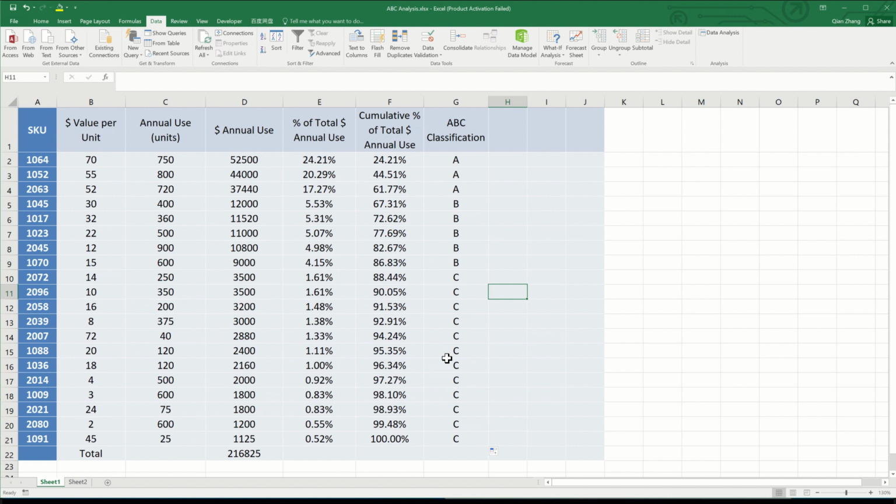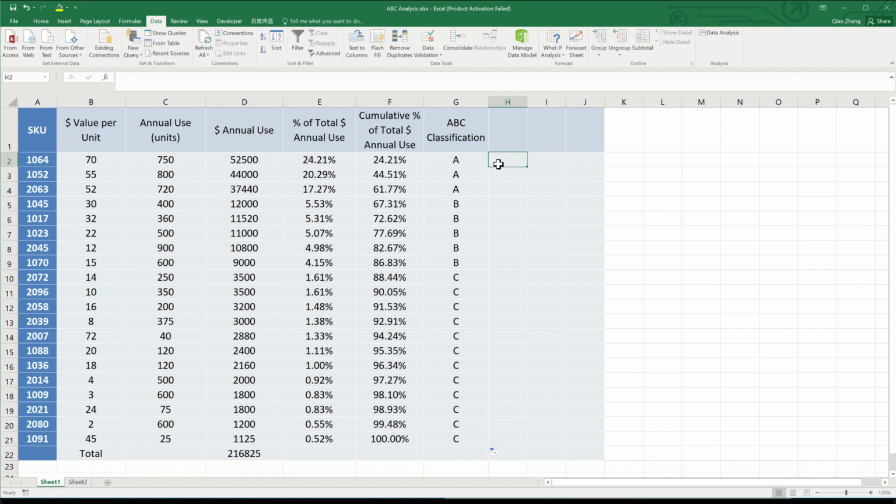But I would like to provide you another way, because this is the 80-20 principle. So actually we have an idea that the 80% of the total values should be the inventories in the A category. So we just find the 80 here. We don't have exactly 80, but we have 82.